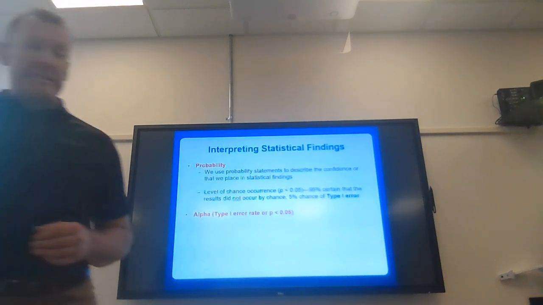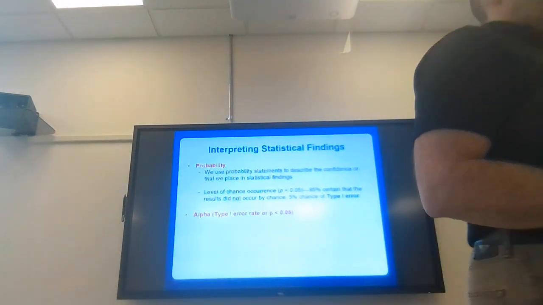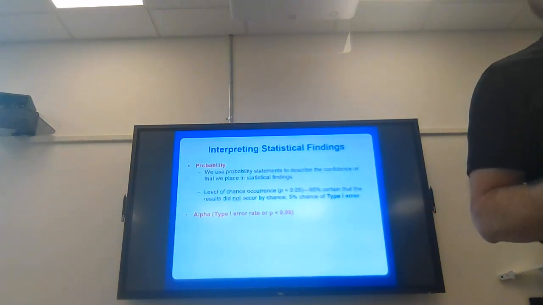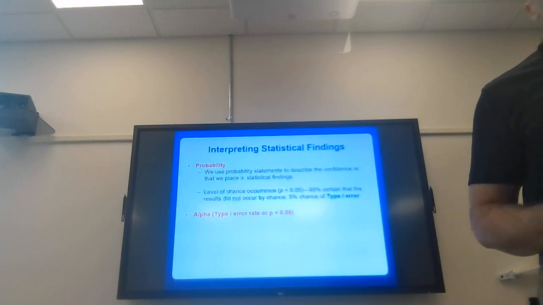Type 1 error means that our statistical test says there are differences between conditions when in reality there is not. So differences were due to random chance.